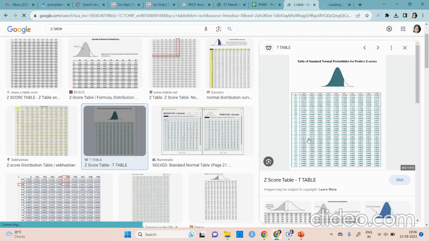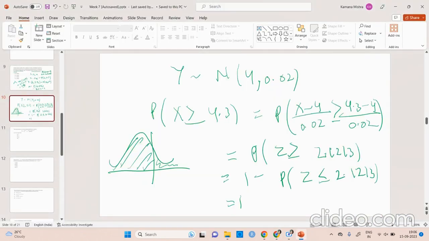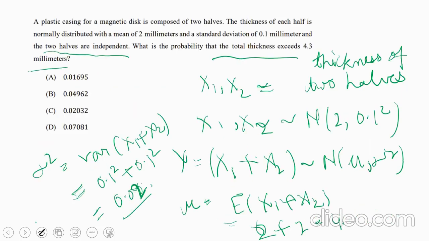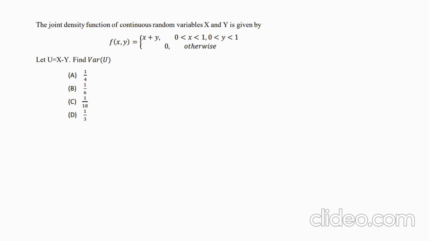So 2.1 is 0.9778. So this is 1 minus 0.9778, and that one will be equal to 0.0222. So that will be the answer.